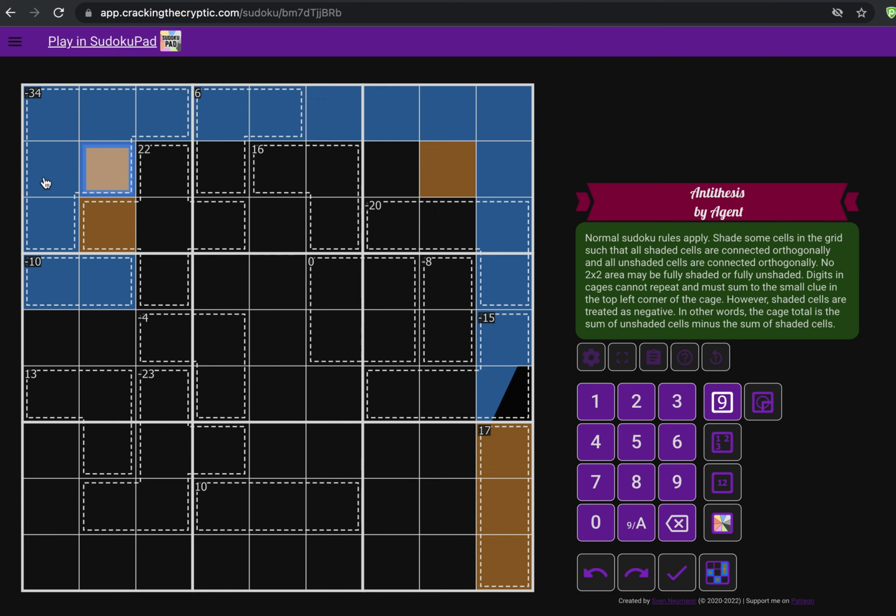So if we went 98764, then we would have to put a 0 there. If this goes down by 1, then this has to go down by 1, and the total remains the same. So that's 98765, that's 1, that's 234.